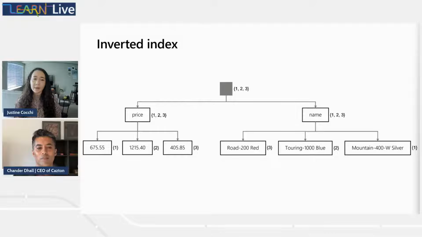All of those 3 items have the same 2 properties. We have a price node and a name node, and each of those has its distinct values. As you can see, 675, which was our price for document 1, has a little 1 next to it. This allows Cosmos DB to keep track of which items apply to which documents in our index.